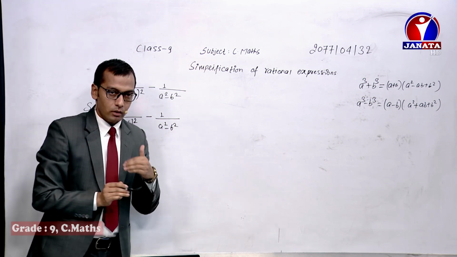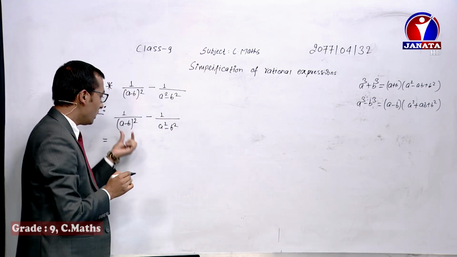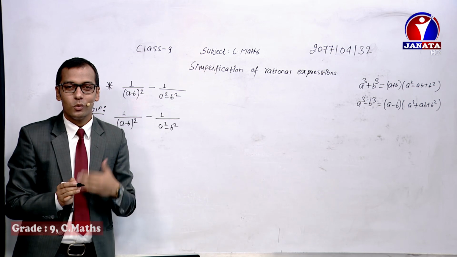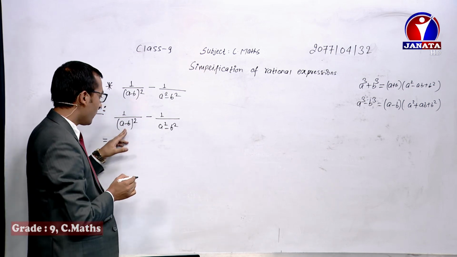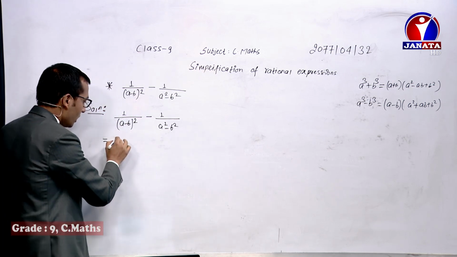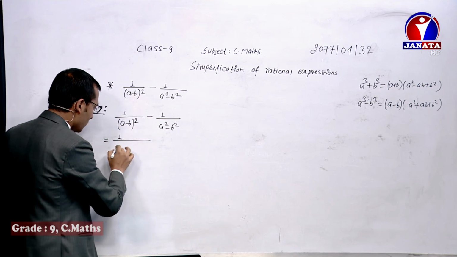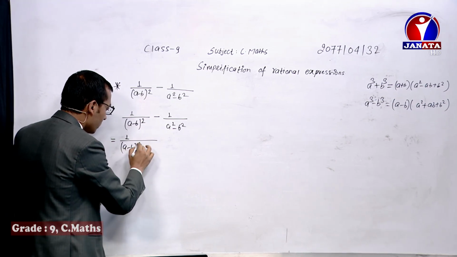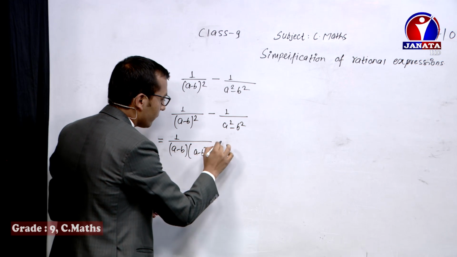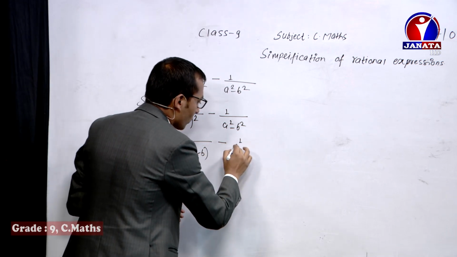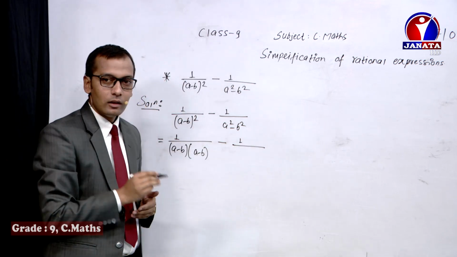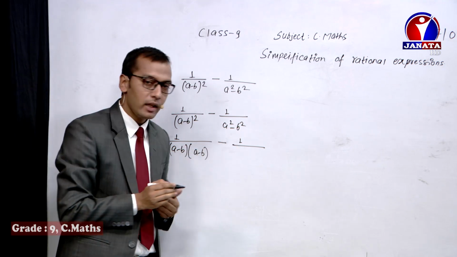So the first denominator here is a minus b whole square. So what are the factors of a minus b whole square? We know it has two factors, a minus b times a minus b, minus 1 over, what are the factors of a square minus b square?